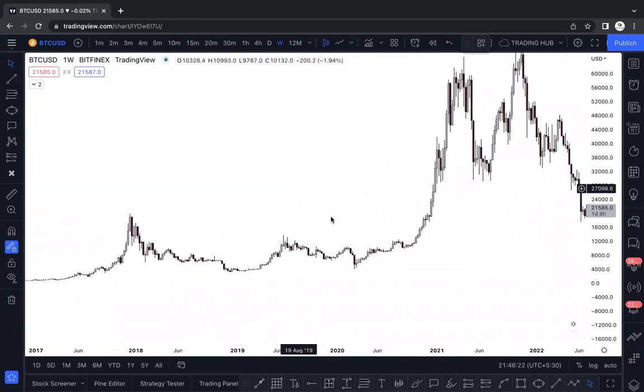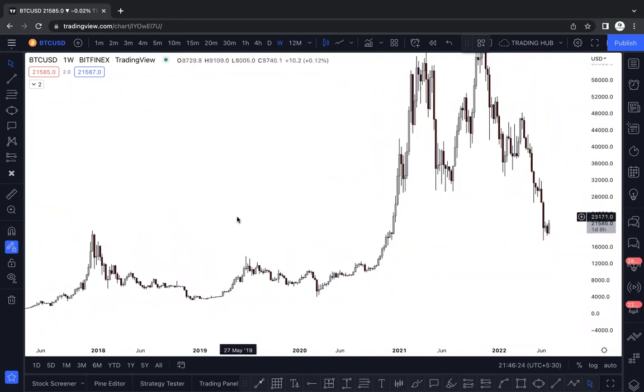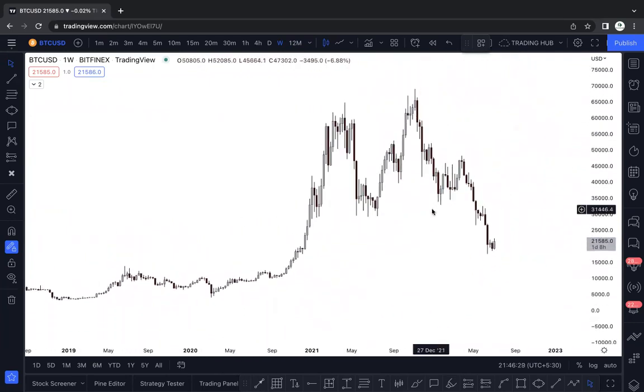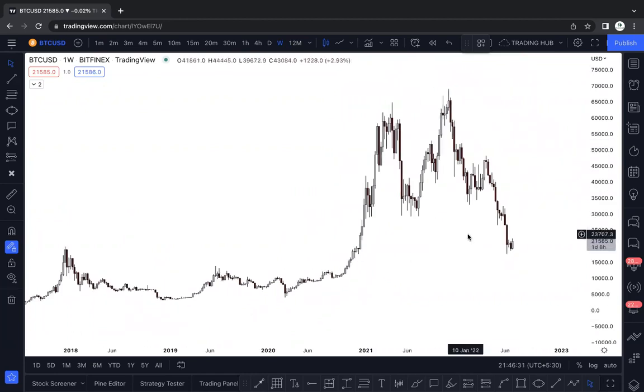So let me give you some explanation about what is happening in Bitcoin right now. Right now, Bitcoin is in a bearish market, but at this point the market is showing some reaction and we are expecting some pullback to the upside, correct? So where can we buy and sell, and what is the longer-term view in Bitcoin?